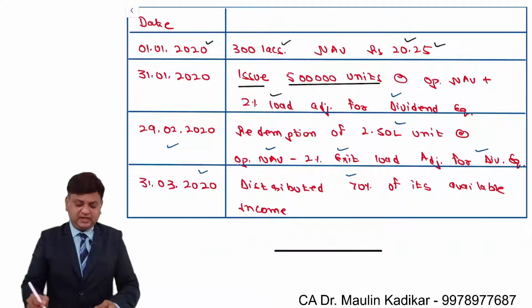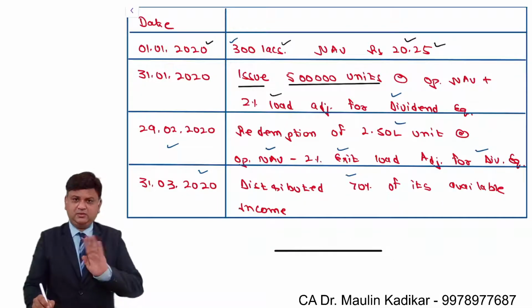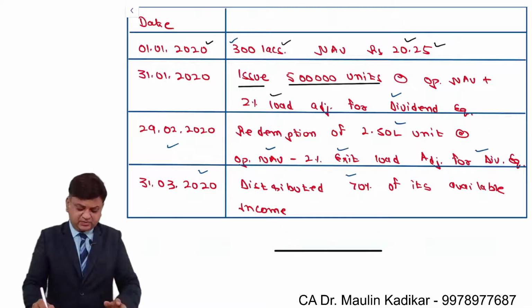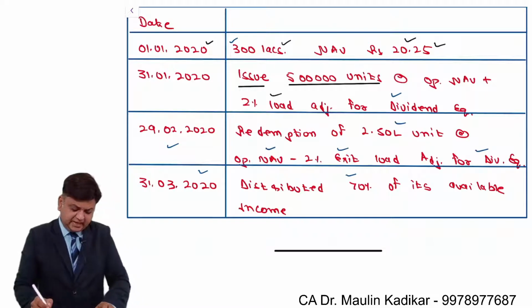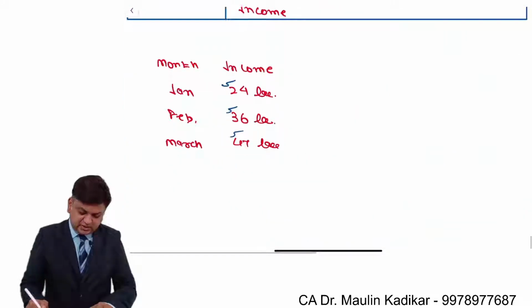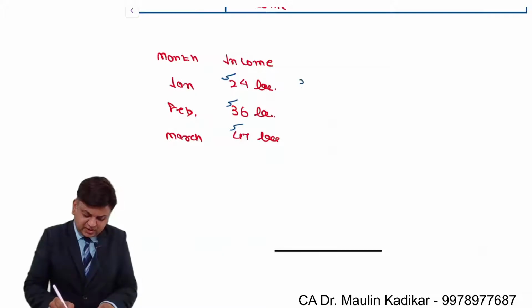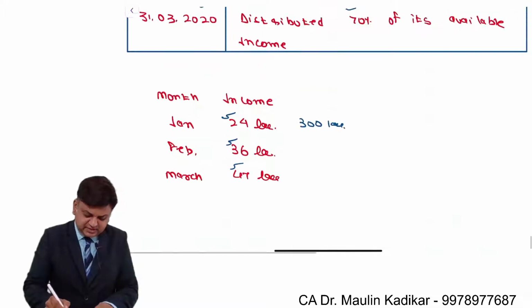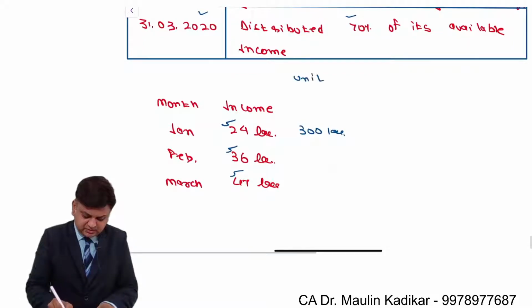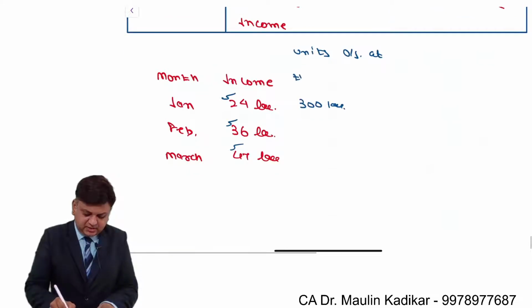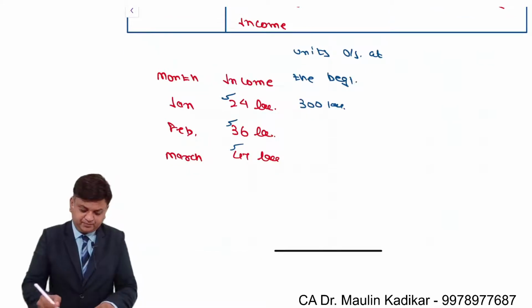At the beginning of January, friends, you don't have to write anything. Let me explain to you first of all. At the beginning of January, the number of units outstanding is 300 lakhs. So what is the income per unit?